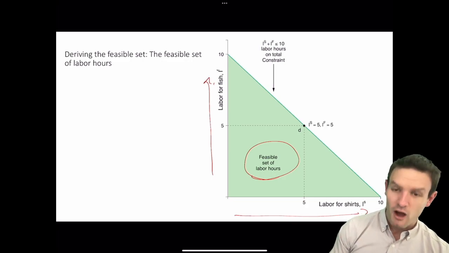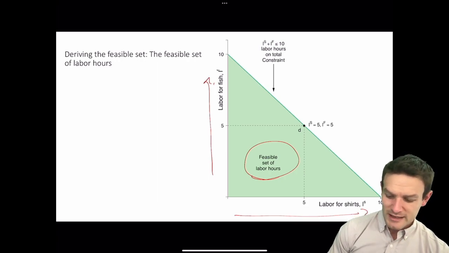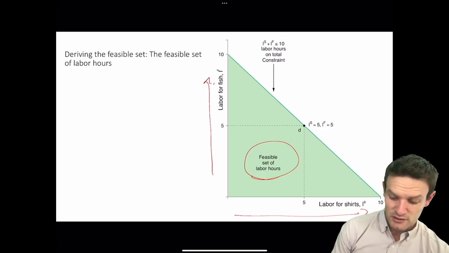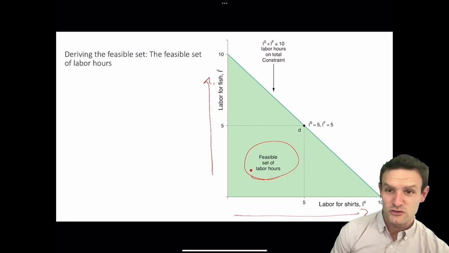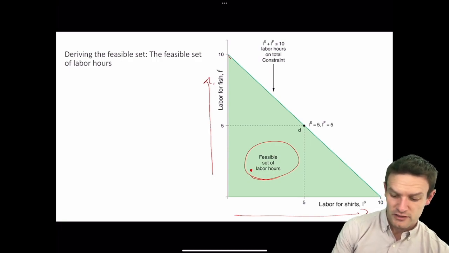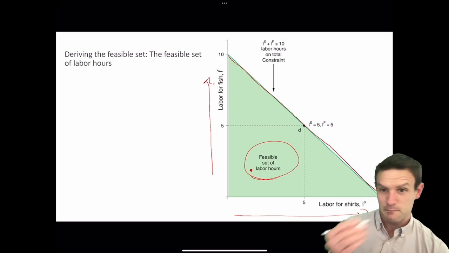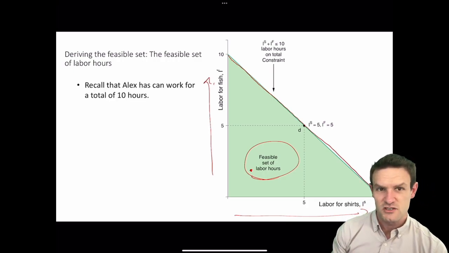So the border of that feasible set is the feasible number of hours that he could spend working on fish or on shirt making. Now he could hypothetically spend less time on each, say, 2 hours and 2 hours, summing to a total of 4 hours. But that would not be on the border of his feasible production set. So on the border of the production set, he's always spending 10 hours, but the number of hours is just varying between the two different production activities.